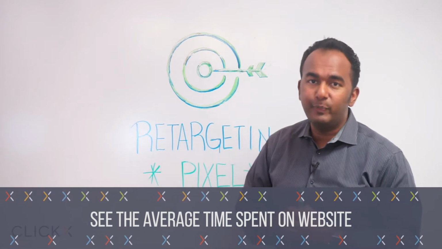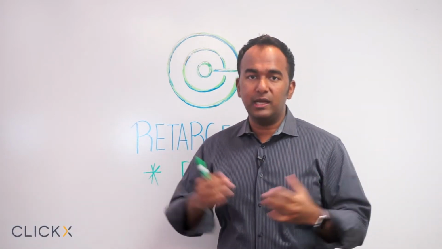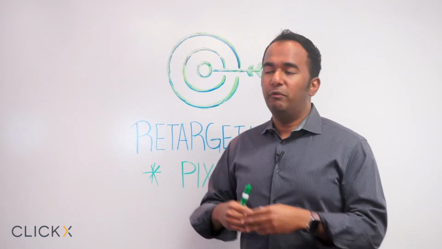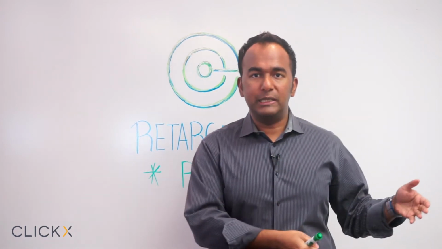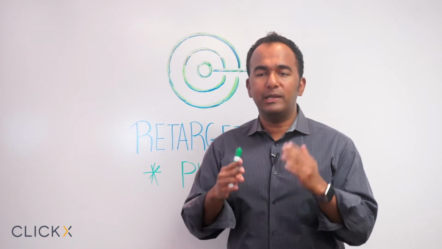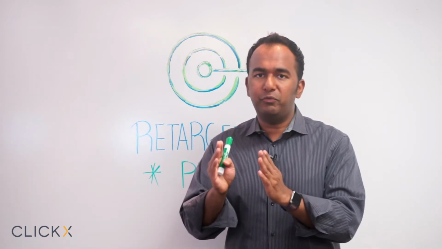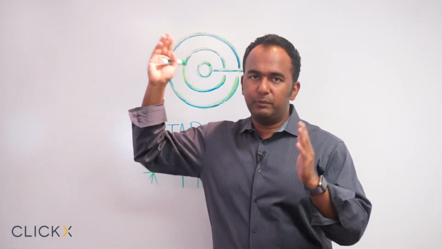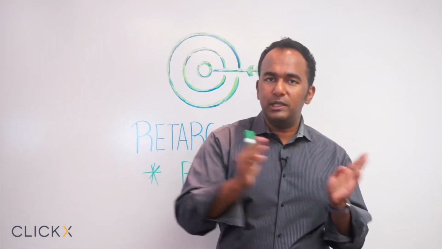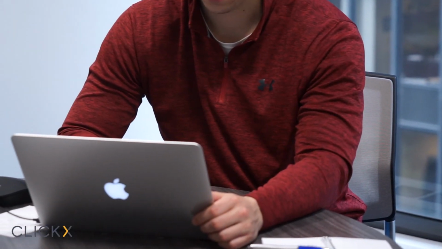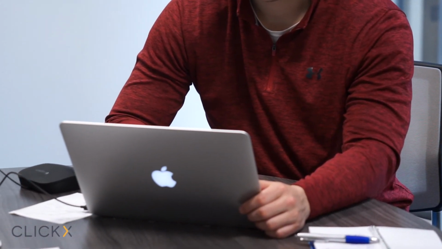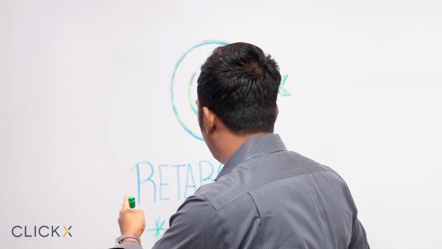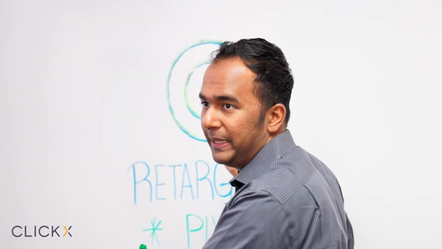So the average time spent may be 30 seconds or 50 seconds or 2 minutes from organic, but from social might be 2 seconds, direct might be more, referrals might be less, and you can really start to pinpoint what is the perfect time frame people need to spend on your website that increases conversion by 2%, 10%, whatever it is, okay? So if you can really look at the source and analyze how long the average person sits on your website before they convert, that will be a good rule of thumb to figure out how much time you need before you can fire the pixel, okay?